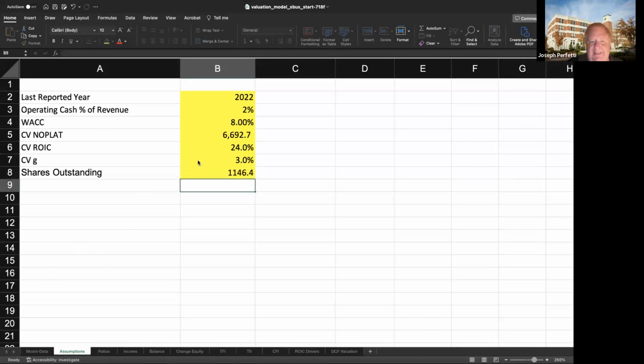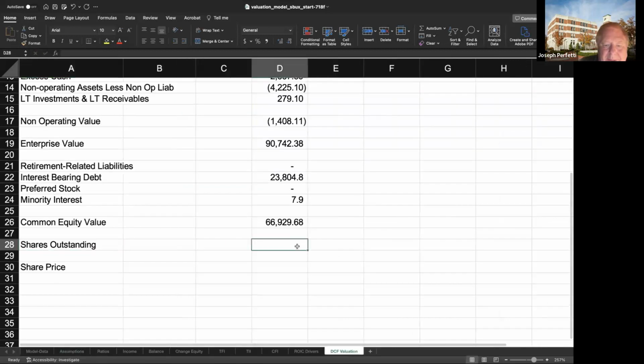That is Starbucks shares outstanding today. So equals that number.